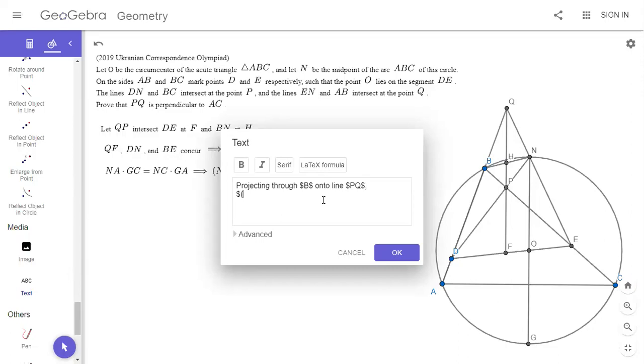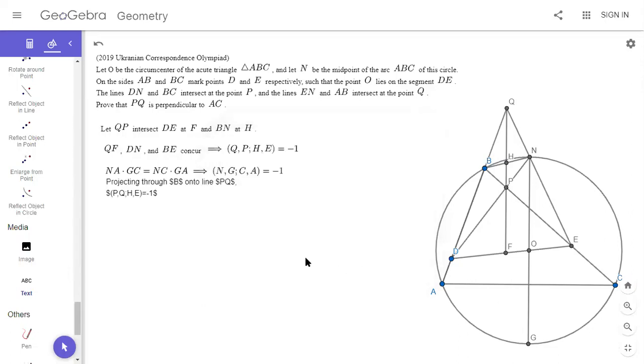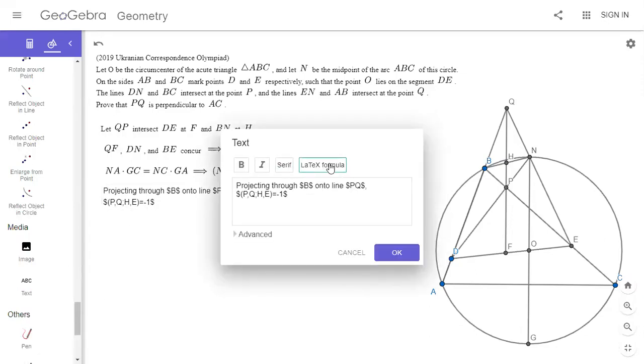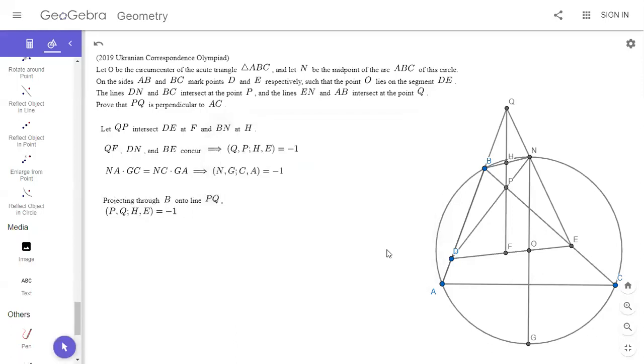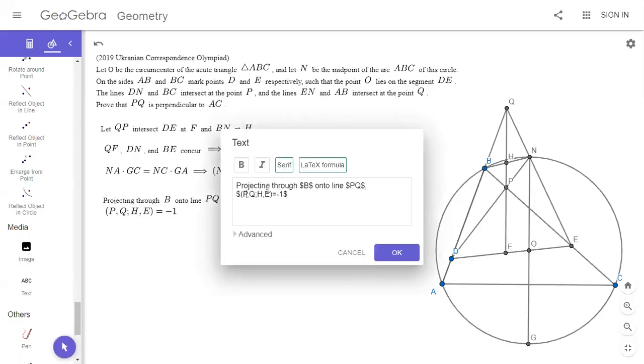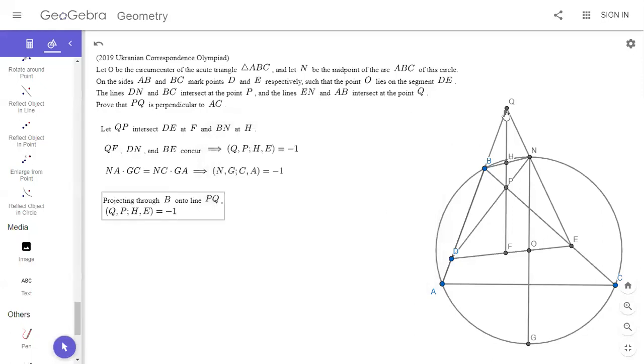Actually, let me rewrite a couple things here because I didn't write the points correctly.